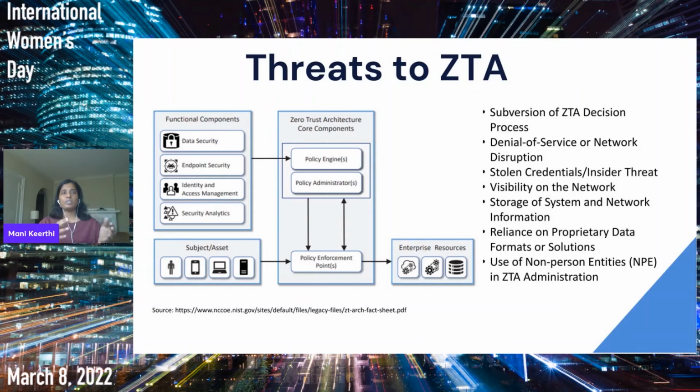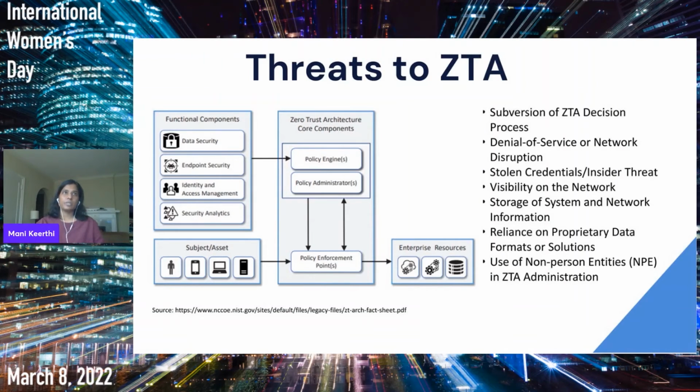No communication between enterprise resources occurs unless it's approved and possibly configured by the policy engine and the policy administrator, which means these components must be properly configured and maintained. An attack on the PE or PA could essentially compromise the whole process.